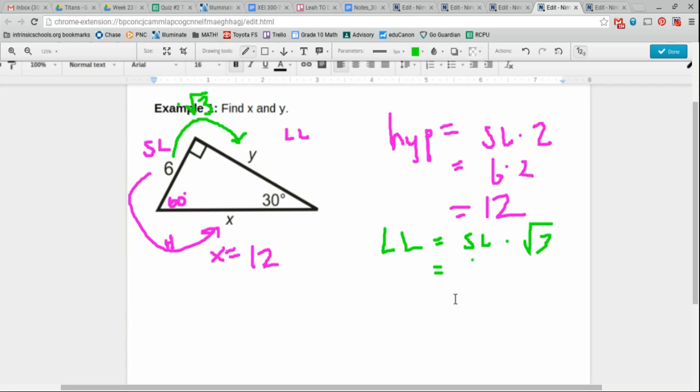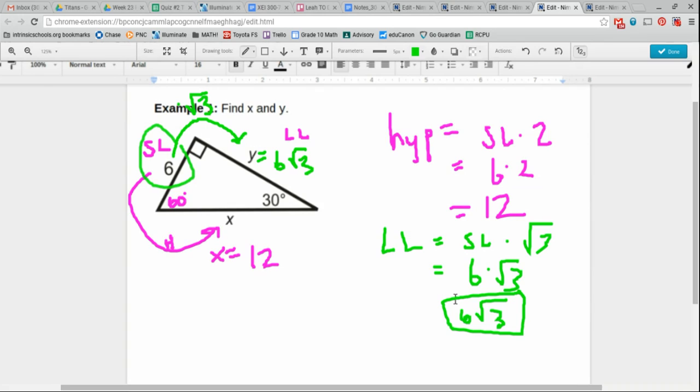So that's going to be equal to 6 times rad 3, which is just 6 rad 3. And it is that simple. So Y is equal to 6 rad 3, and X is equal to 12. So when you are given the short leg, your computation should be very straightforward. You only have to multiply by 2, multiply by rad 3.